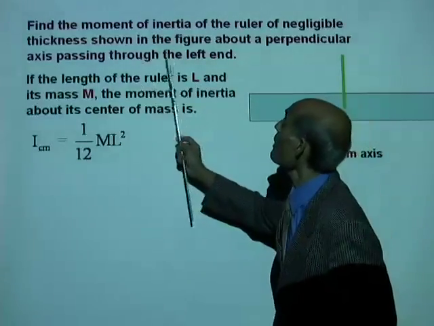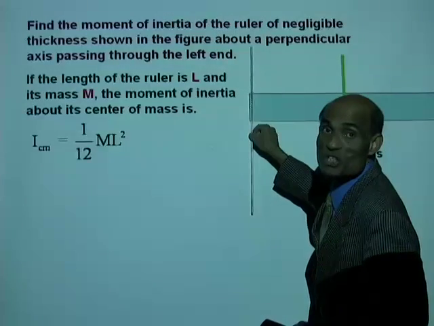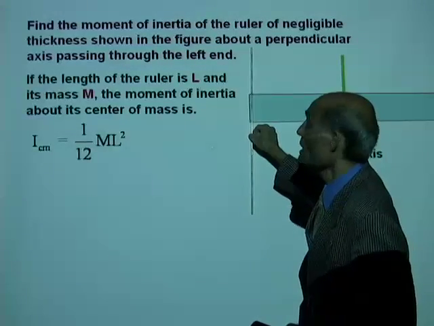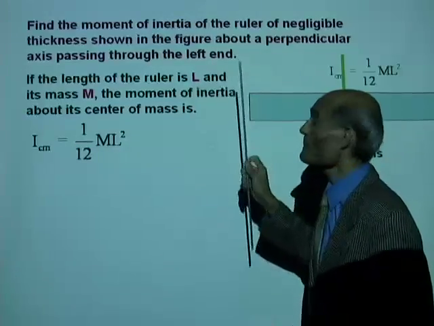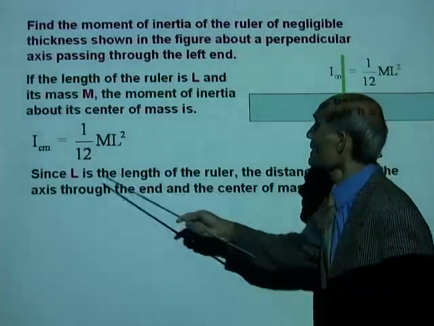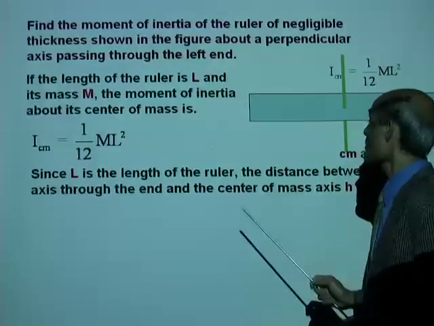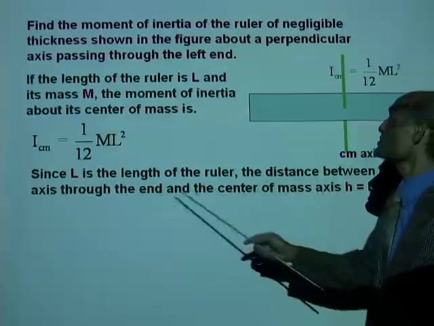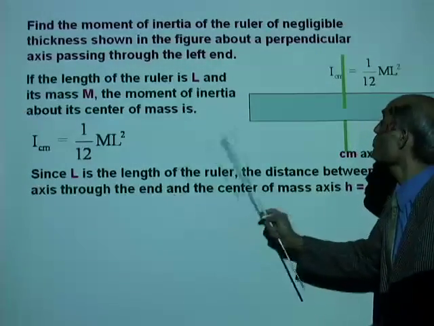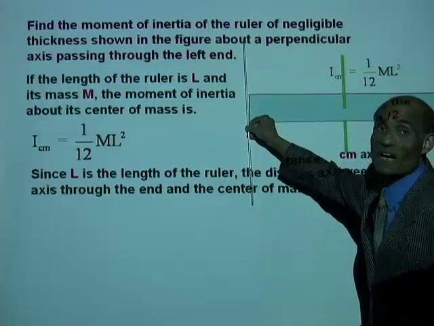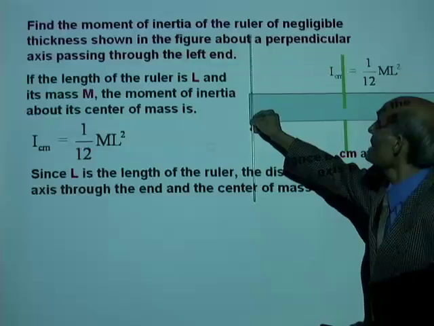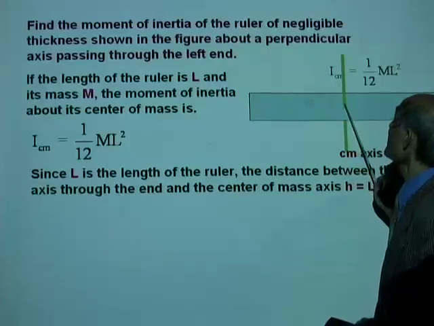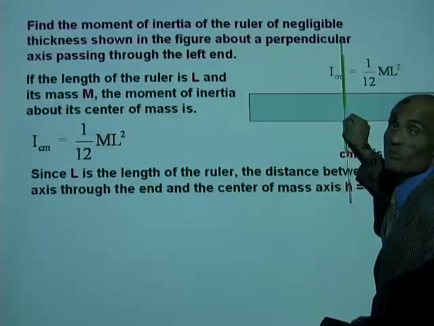We have been required to find the moment of inertia about an axis that passes through one of its ends. Since L is the length of the ruler, if an axis is passing through an end, what is the distance between that axis and the axis at the center of mass?